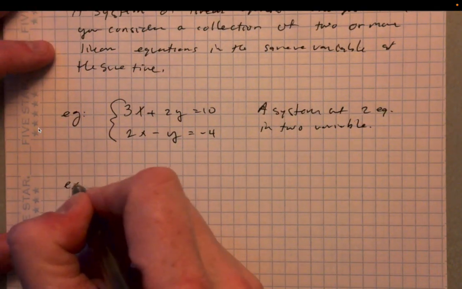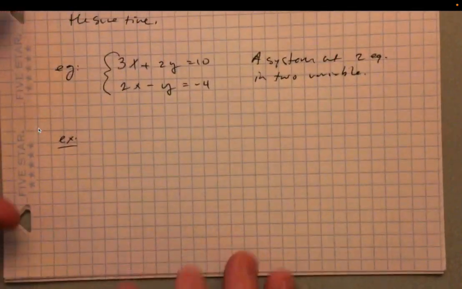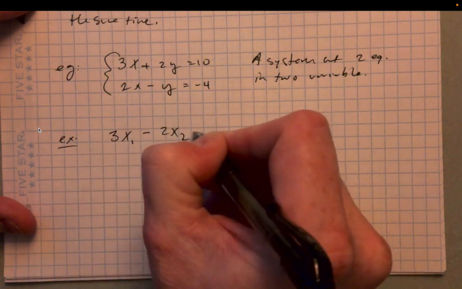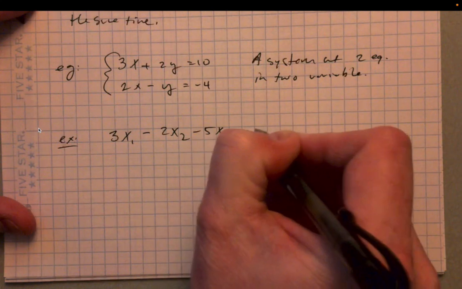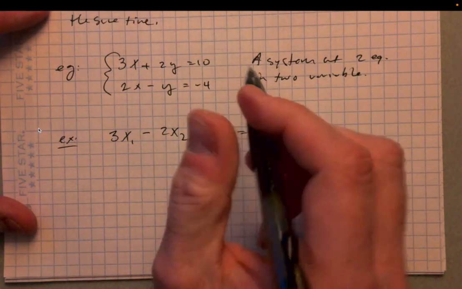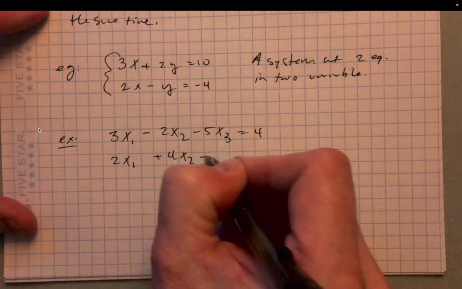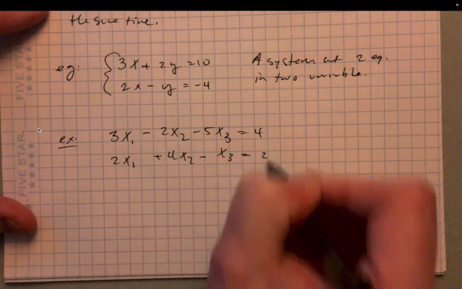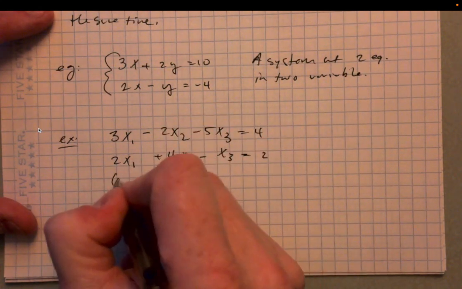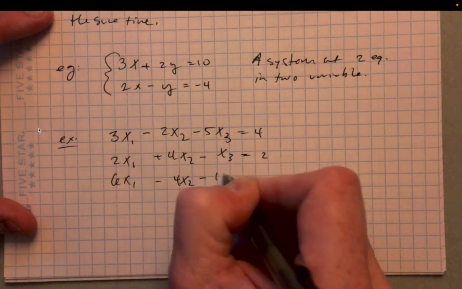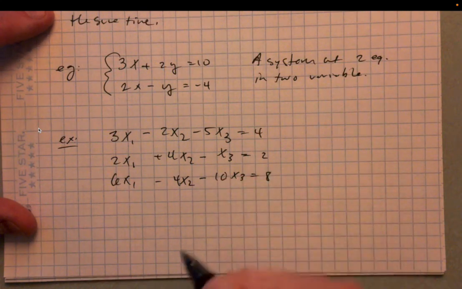Here's another example. 3x1 minus 2x2 minus 5x3 equals 4. 2x1 plus 4x2 minus x3 equals 2. 6x1 minus 4x2 minus 10x3 equals 8.